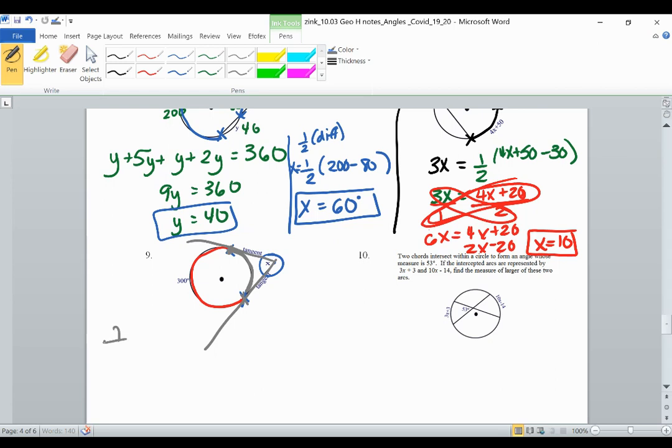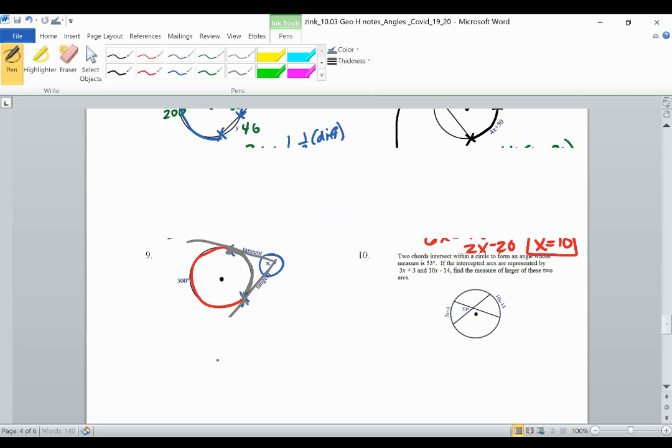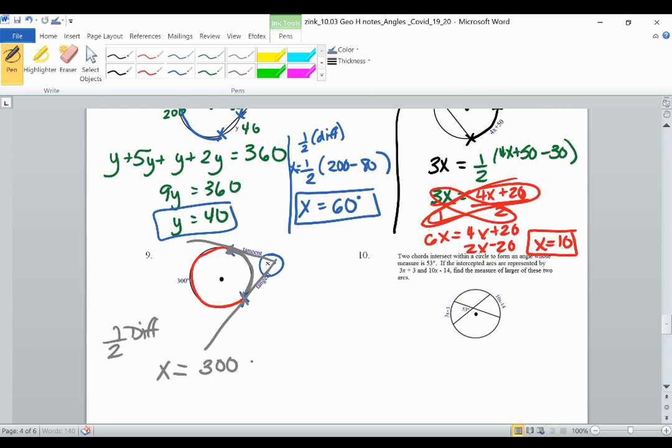So outsider is different. So we're going to take X, the angle is equal to 300 minus, well, what's this gray arc going to be? Together, they make a full circle. So I know a full circle has 360 degrees. 360 minus 300 would give us 60. So I know this right here is 60 degrees.